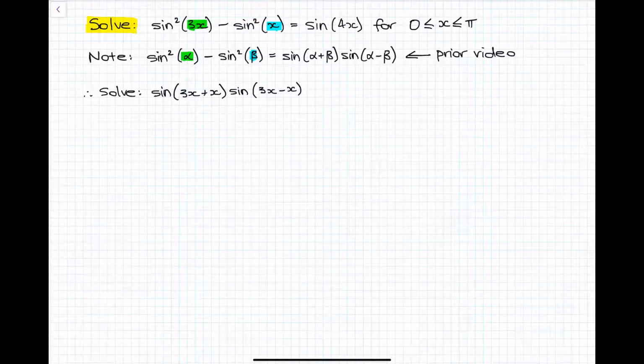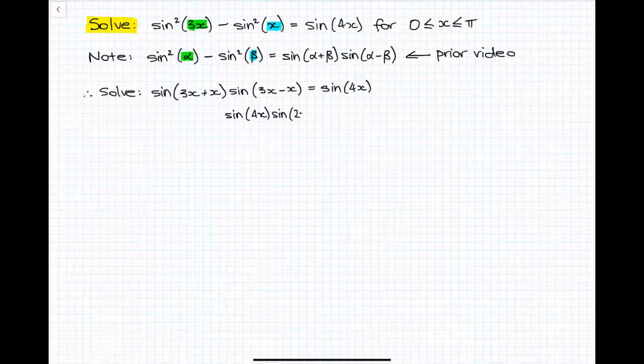And then we're wanting to know when that is equal to our right hand side of the sine of 4x. So from there we can rewrite that as the sine of 3x plus 1x is 4x, multiplied by the sine of 3x minus 1x is 2x, being equal to the sine of 4x, and that looks like a much more palatable equation to solve.